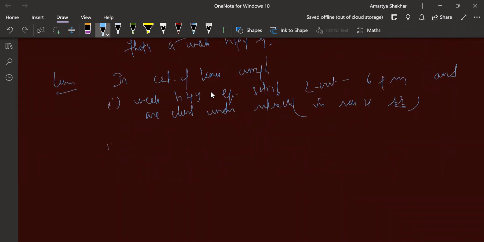Definition 2. Every trivial fibration and homotopy equivalence also satisfy A2. Right.